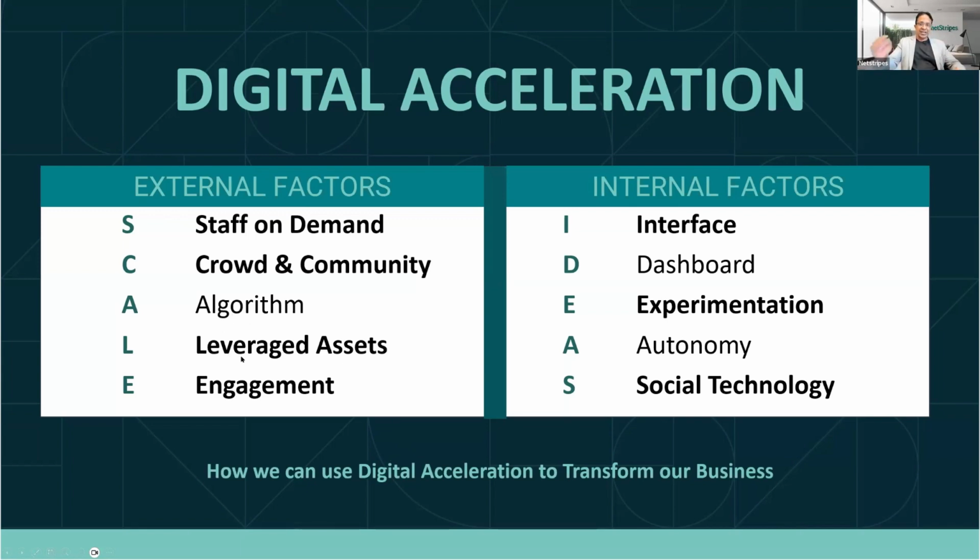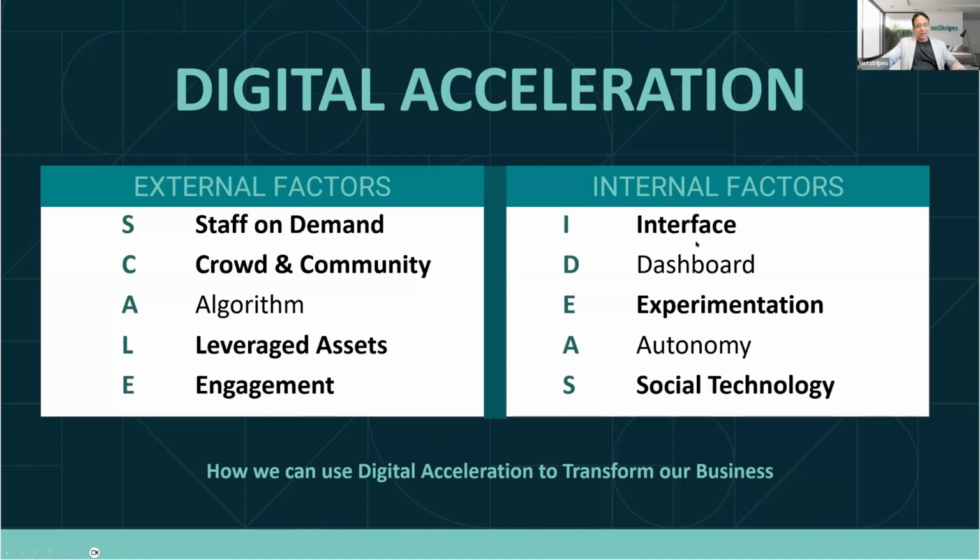She leveraged the assets of her customers. So her customers had laptops, they'd install it in their homes, and through the laptops, through Zoom, she delivered the training. So she leveraged assets and she created engagement through crowd and community.